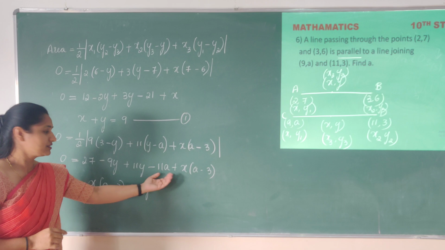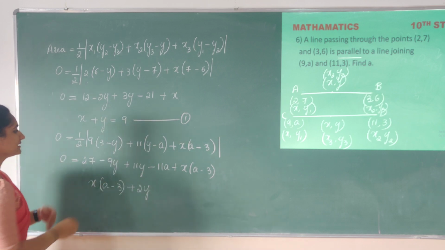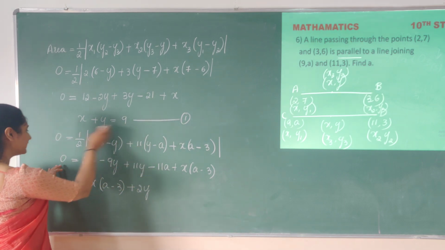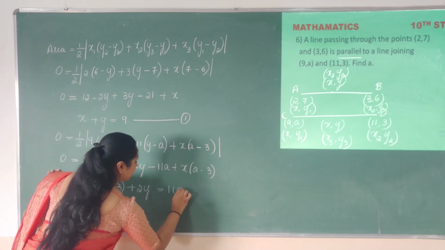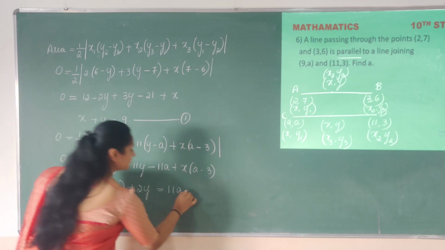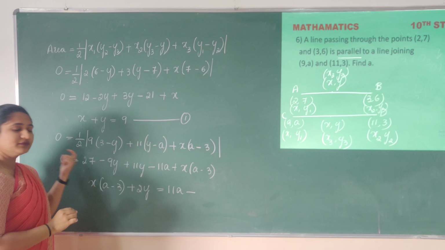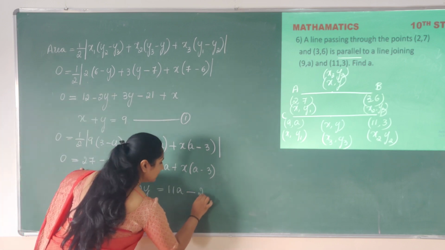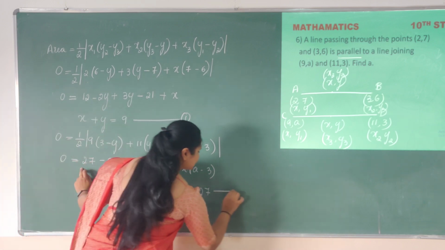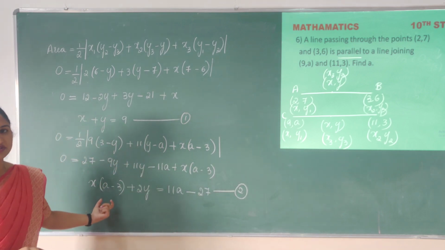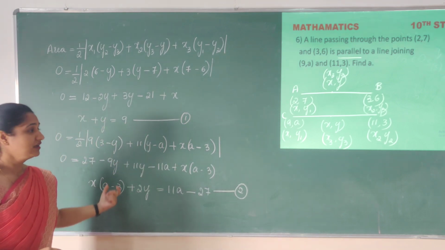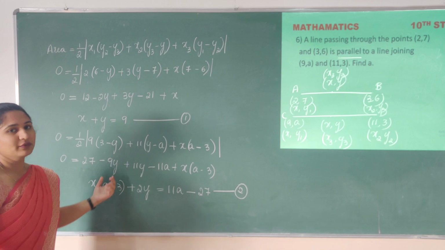The 11a we'll take to the other side, and the 27 as well, so x(a minus 3) plus 2y equals 11a minus 27. Let us take this as equation 2. This is equation 1 and equation 2. So from the coordinate geometry concept, we got the two equations.